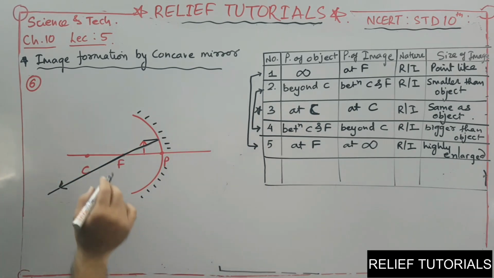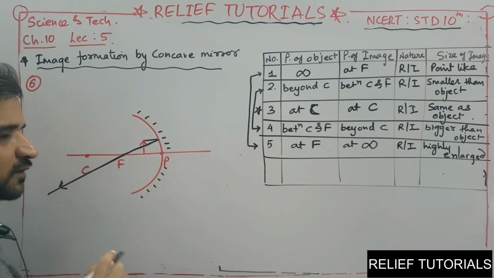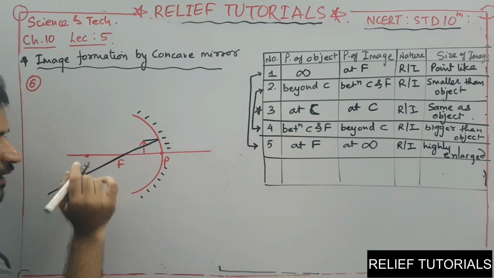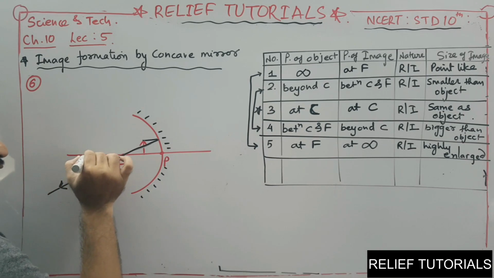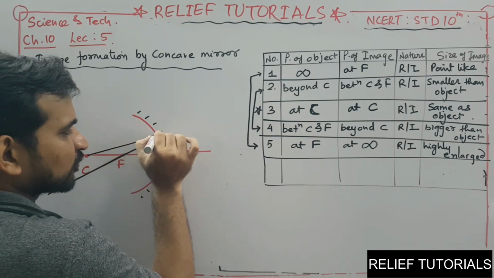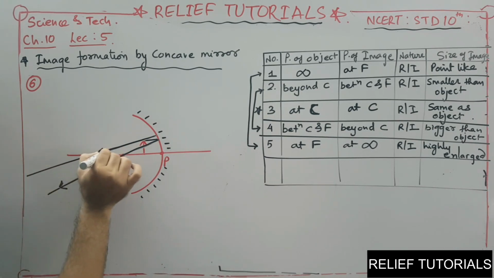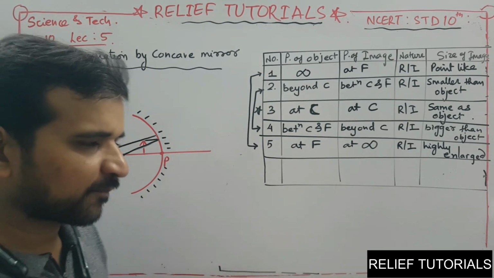Second ray again from C to the head of the object. It's very easy to use the third rule, you just join C and the head of the object, and the same will be the reflected ray. So these are the two reflected rays, and we can see they both are going away from each other.